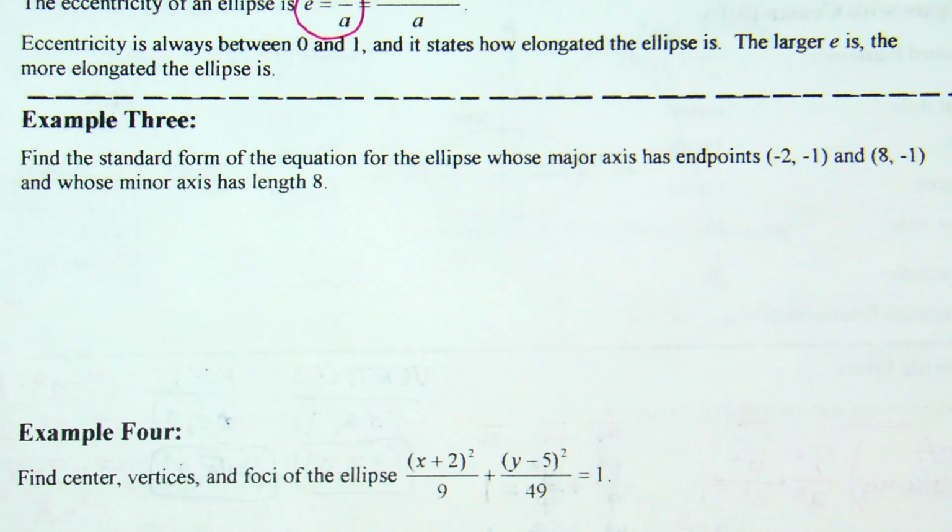Find the standard form of the equation for the ellipse whose major axis has endpoints (-2, -1) and (8, -1), and whose minor axis has length 8. That's what you're provided. They only ask us to find the equation. I'm going to sketch a picture along the way because some of you might find that helpful when we're finding certain information. I'm not going to say you have to sketch a picture though.